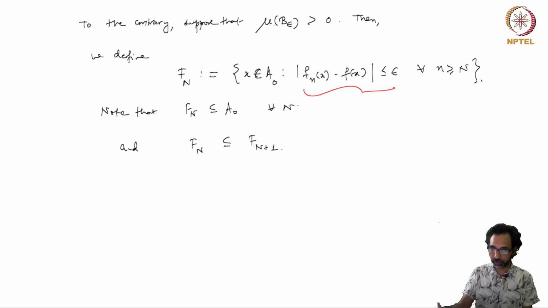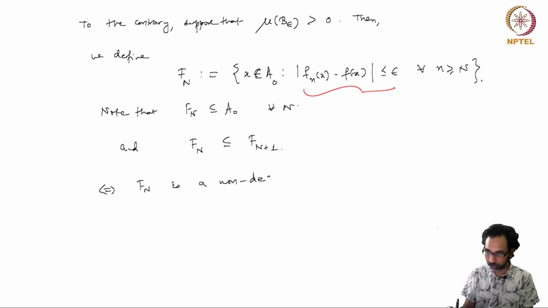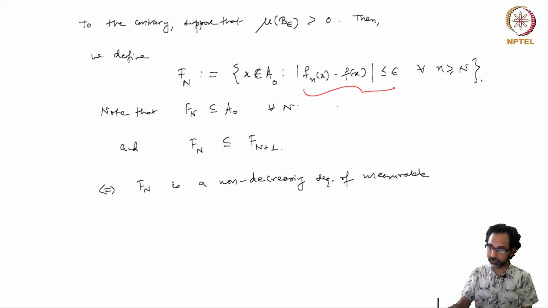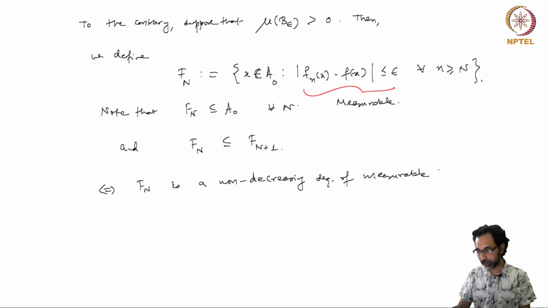So F_N is a subset of F_(N+1), and therefore this implies that F_N is a non-decreasing sequence of measurable sets. Each F_N is measurable because f_n and f are both measurable functions. So F_N is a non-decreasing sequence of measurable subsets of A0.